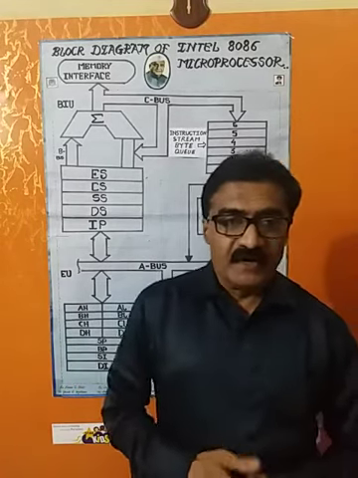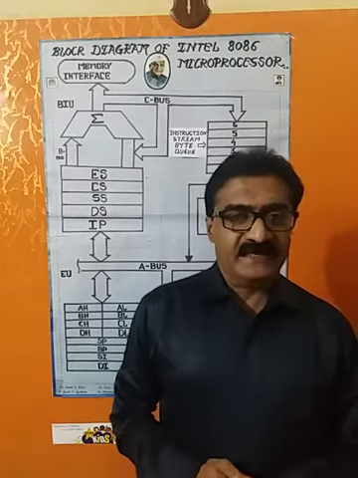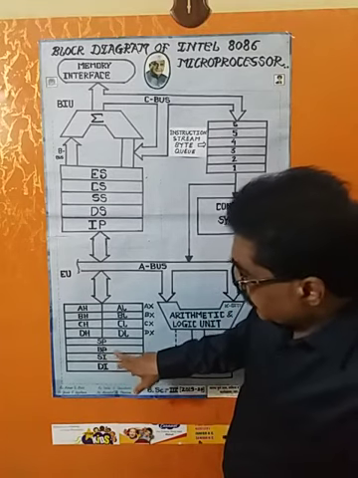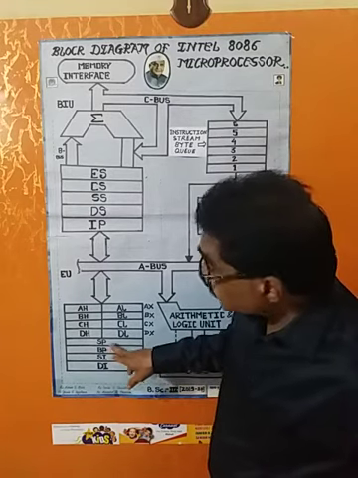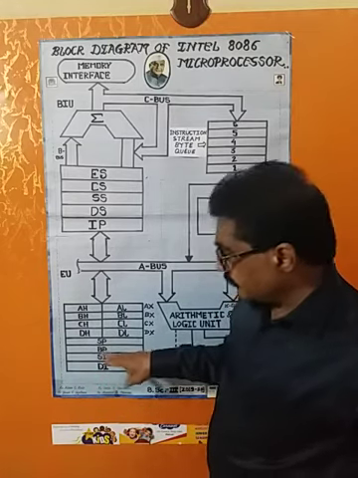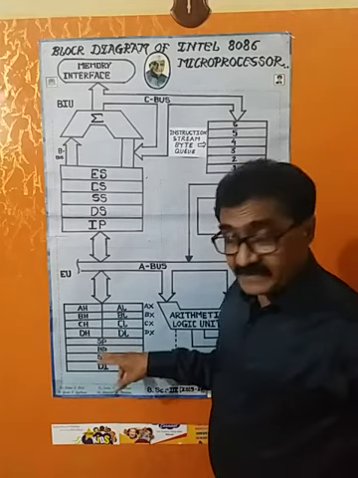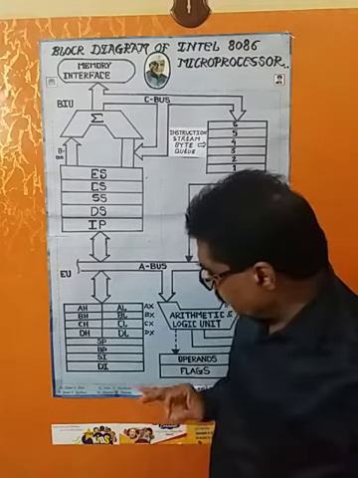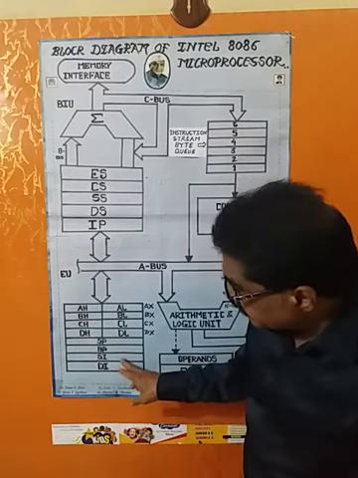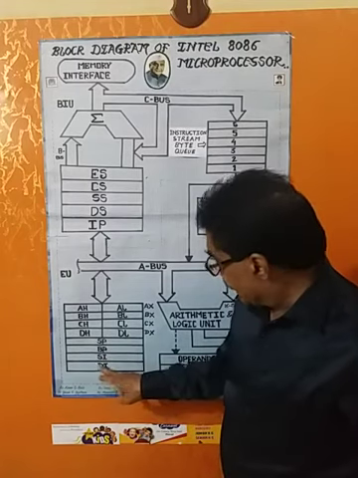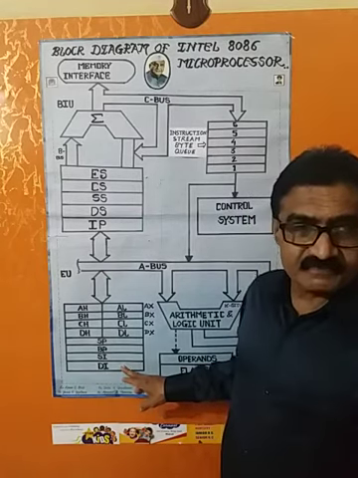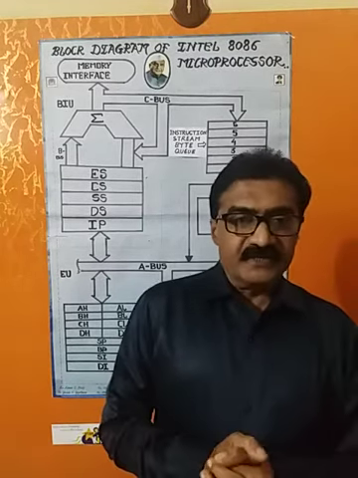It means they can store 8-bit data as well as 16-bit data. Then another is the pointer registers. In this case, there are two pointer registers, that is the stack pointer and base pointer. The stack pointer holds the address of the stack top. And the two index registers are the source index and destination index.